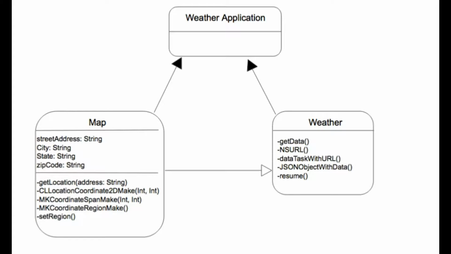Using these coordinates, the shape and quality of the map that will be displayed is created with the other functions I have here, such as CLLocationCoordinate2DMake, MKCoordinateSpanMake, MKCoordinateRegionMake, and setRegion. Essentially, these create my map piece by piece: how zoomed in I want it to go, what region I want it to hover over, things like that.